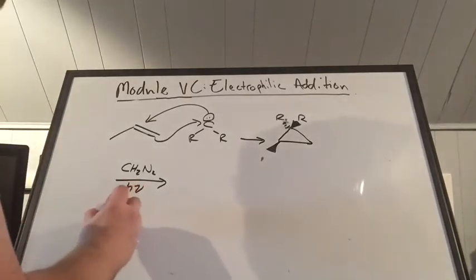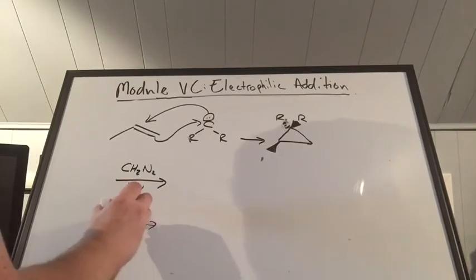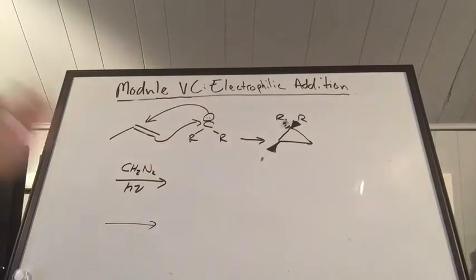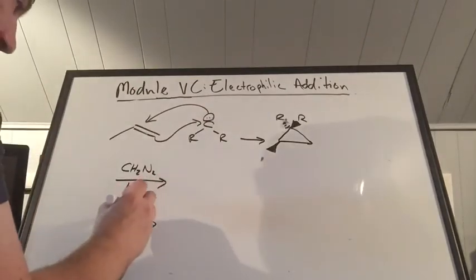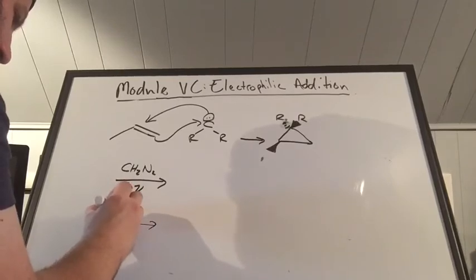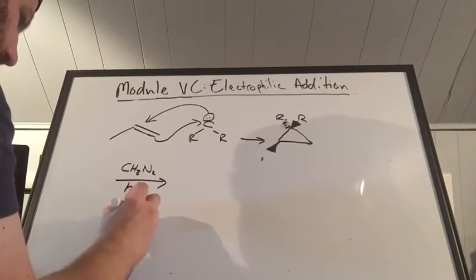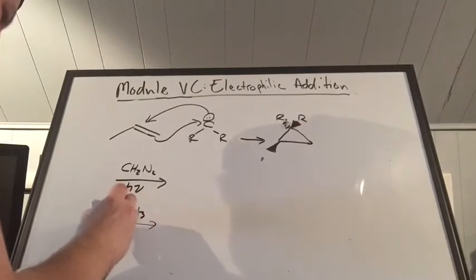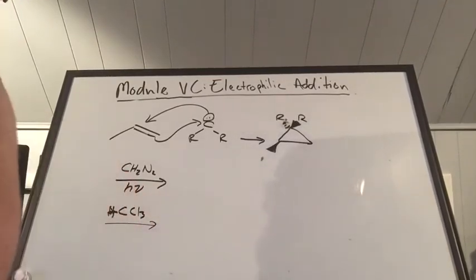Okay, now another formation of carbene, if let's say you wanted those R groups to be a halide, you would treat, let's say, chloroform, which is going to be very mildly acidic. Right?